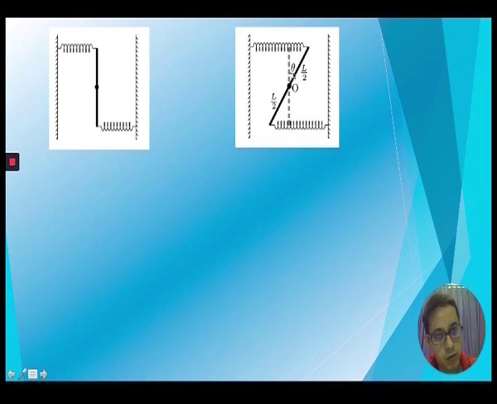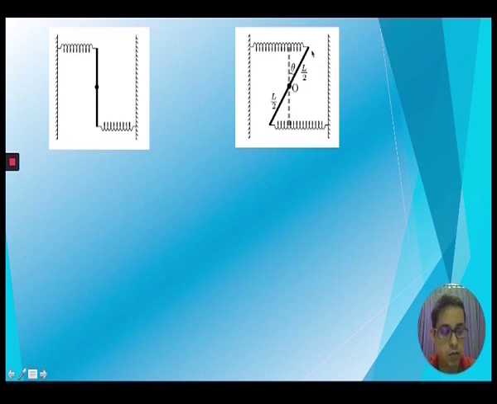This is L by 2, this is theta, so this distance is L by 2 sine theta. Because theta is small, I can write L by 2 sine theta as L by 2 theta. The same is the case with the other spring, so there will be a restoring force on it.